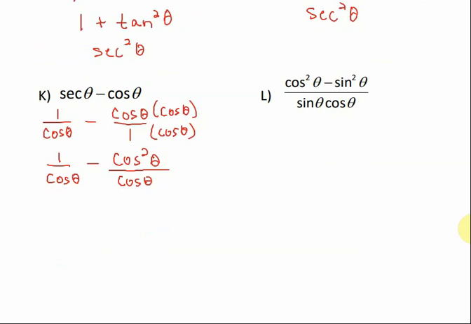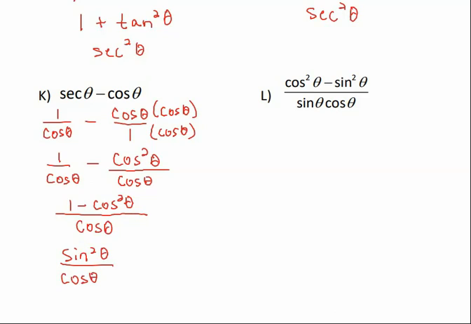Then that's 1 minus cosine squared theta over cosine of theta. We know in the Pythagorean identities, 1 minus cosine squared theta is sine squared theta. So we have sine squared theta over cosine of theta.